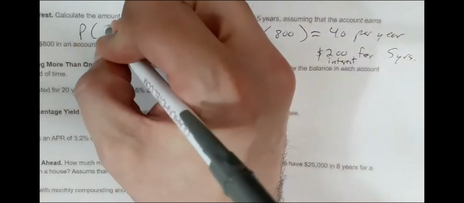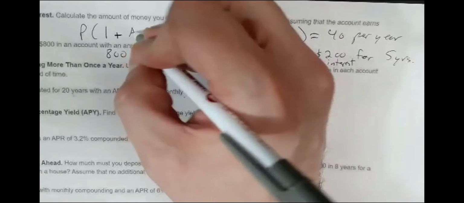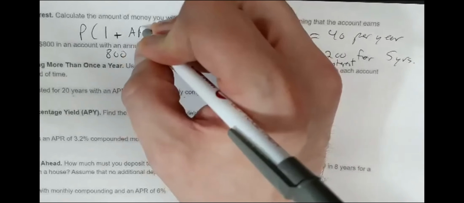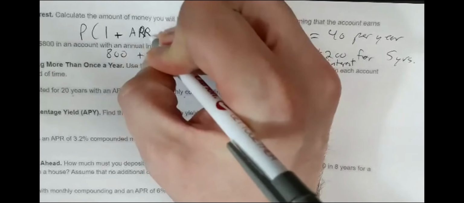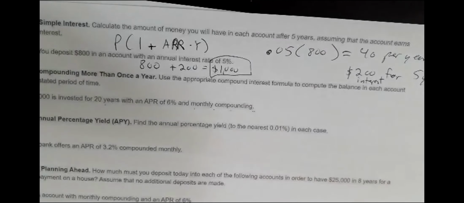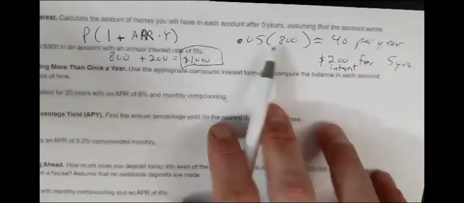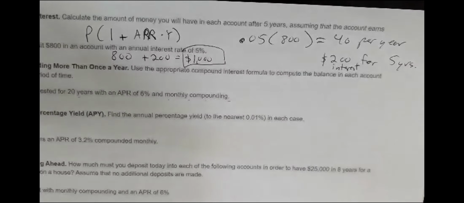Does your book give you a formula? I don't remember the book gives you a formula for the principal. Sometimes they give those formulas. It's like APRY, APR. One plus APR times Y or something like that. Sometimes they'll give you that formula, sometimes they won't. But what we're doing is we're looking at our annual interest rate.